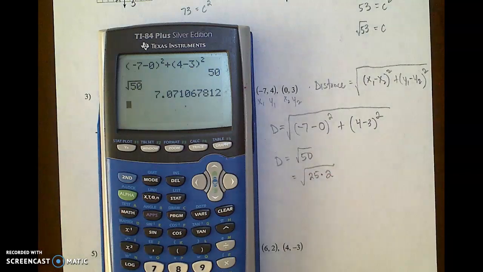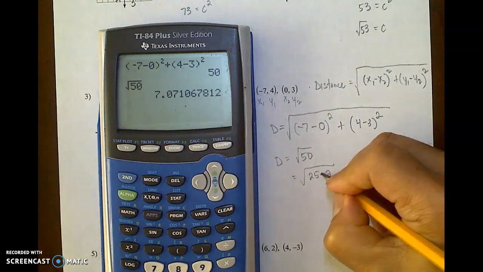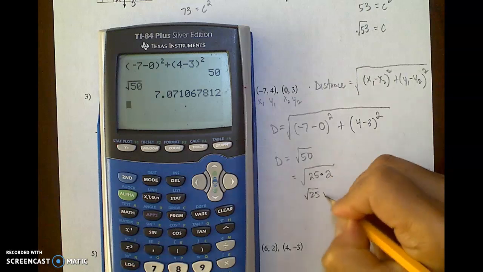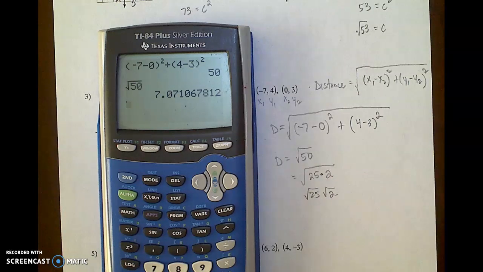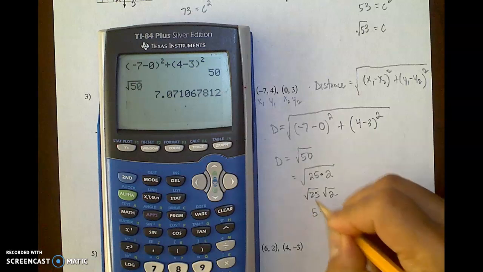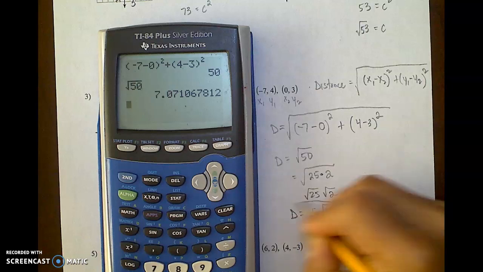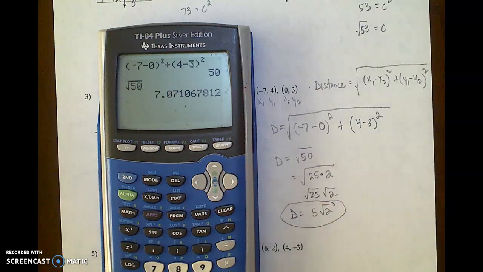So I'm breaking up the square root of 50 as 25 times 2, split up that way. Then the square root of 25 is 5. The square root of 2 is not a perfect square. So here is the distance between those 2 points.